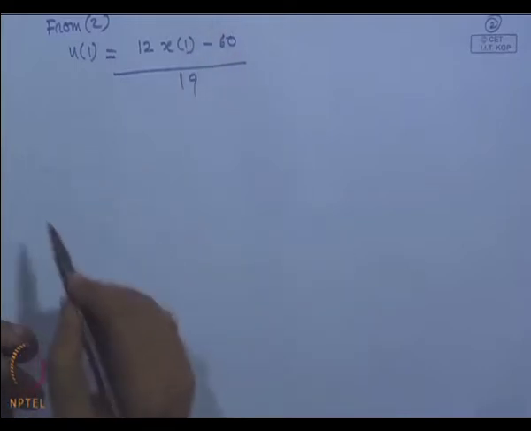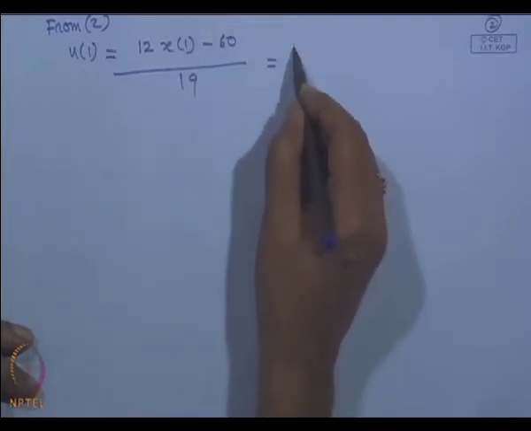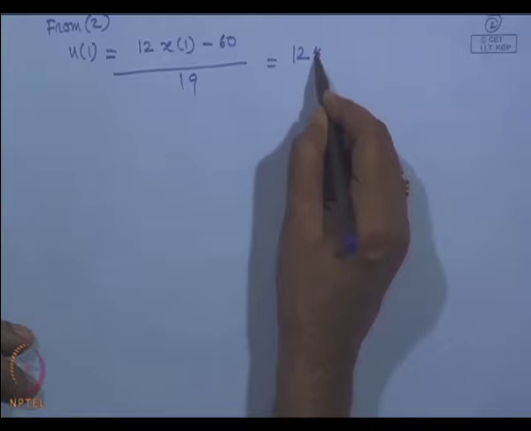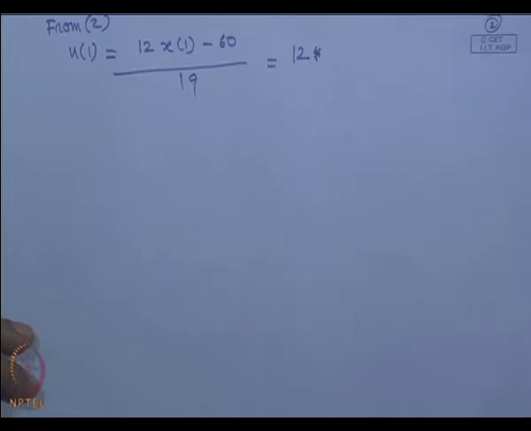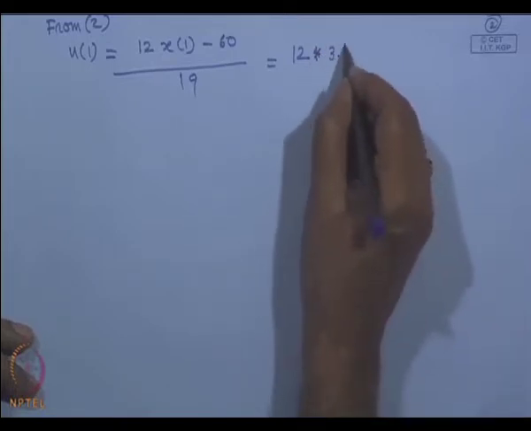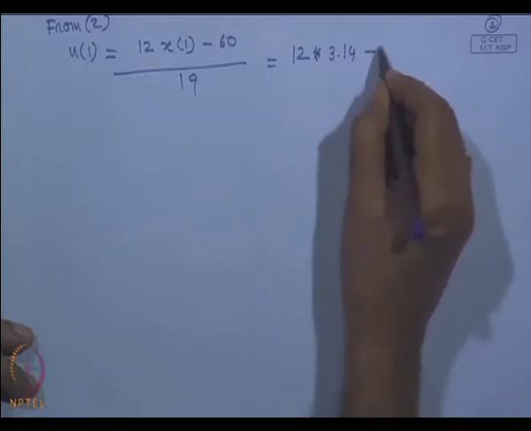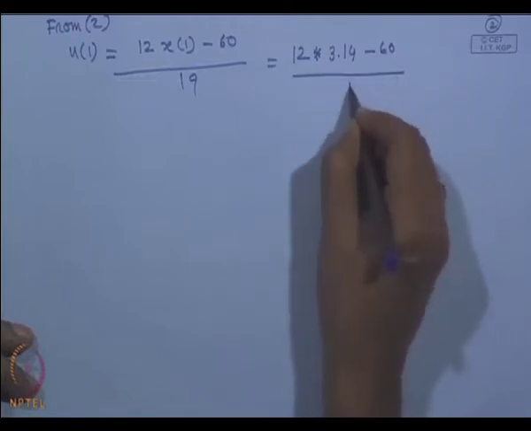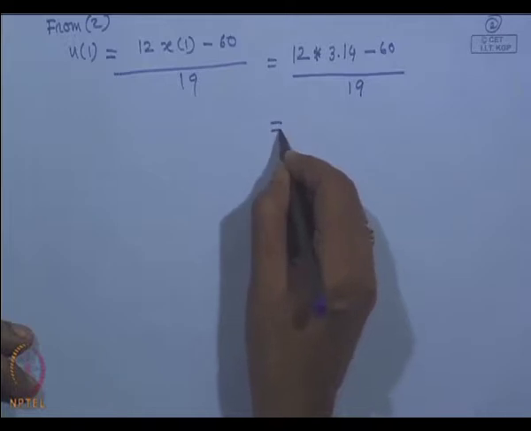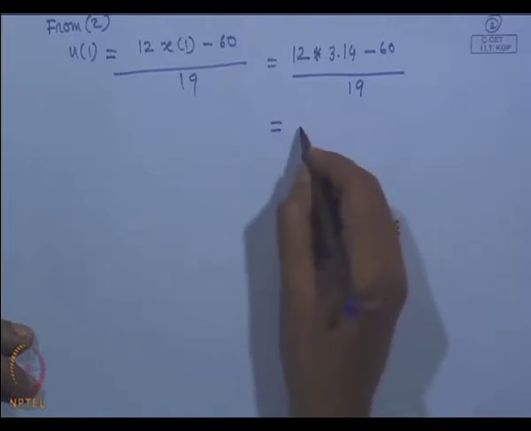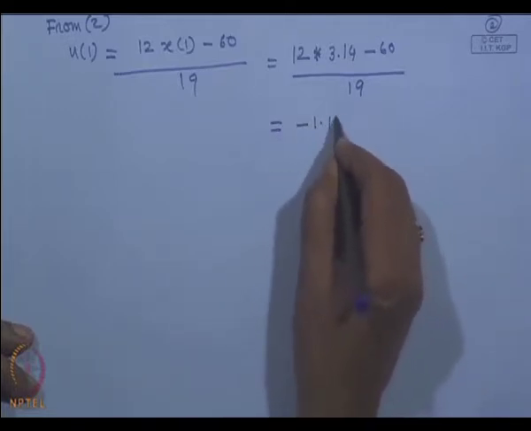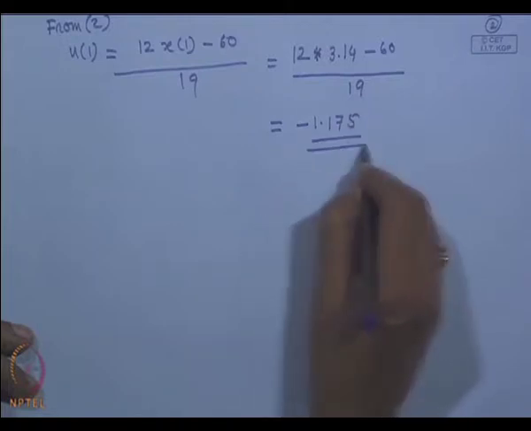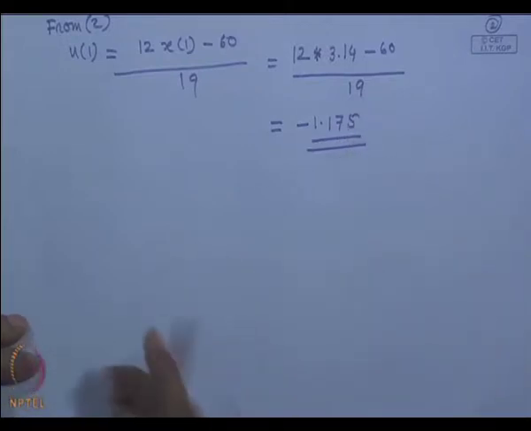We know x of 1 now. So, this is nothing but 12 x of 1, you got it just now, 3.14, minus 60 divided by 19. So, that value will come minus 1.175.